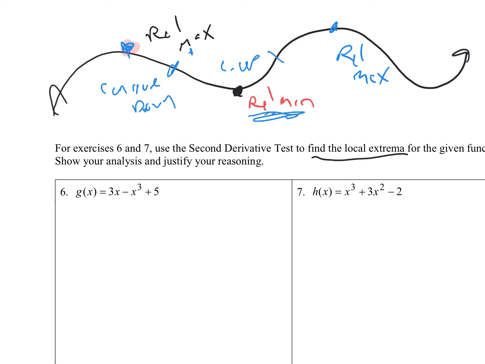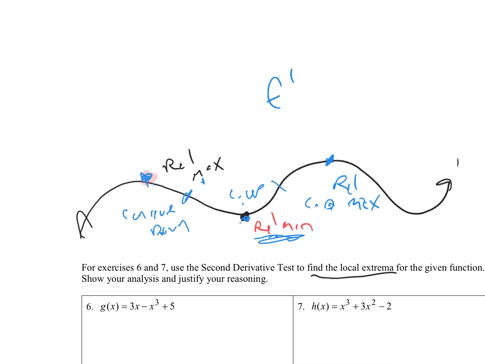The relative min sits at the bottom of concave up. Again, concave down, relative max lives there. Where do I get these possible max and mins? They come from your first derivative set equal to 0, and you get x equals C1, C2, and C3.